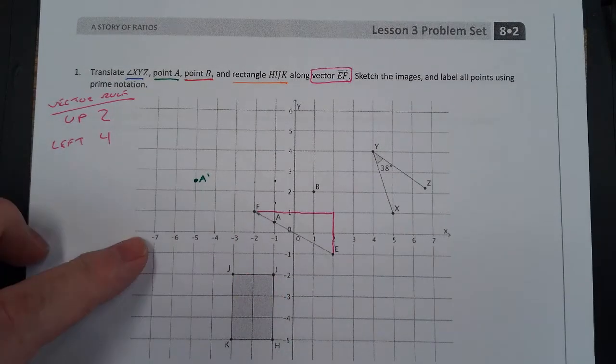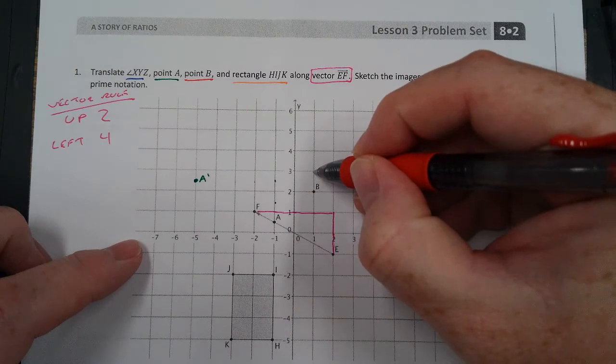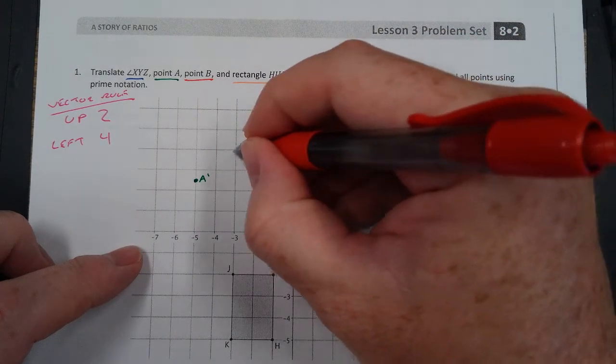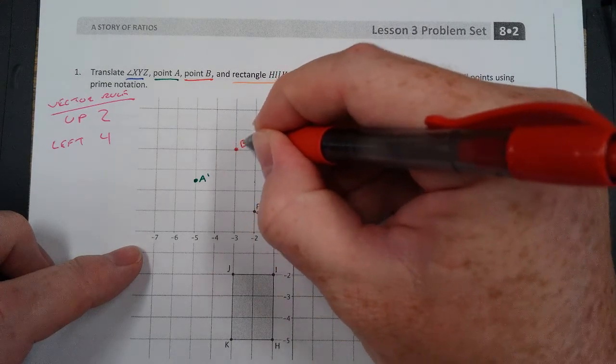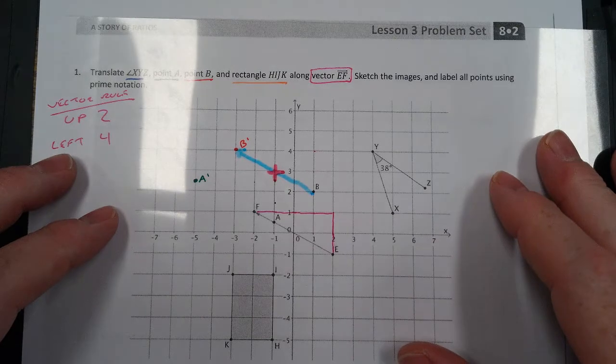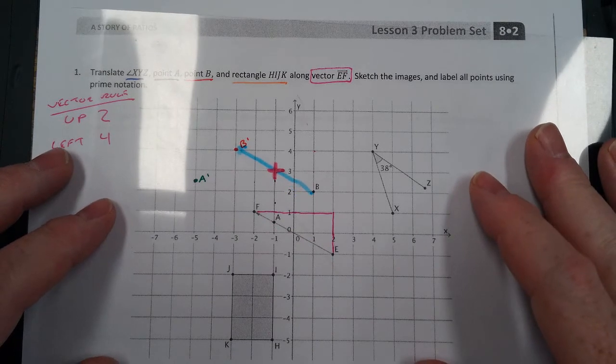For point B, I need to follow the same vector rule. Up 2 units, 1, 2. Left 4 units, 1, 2, 3, 4. And this is where B prime is. You don't believe me? Use our transparency with the vector on it, and you can see it works. Copy the vector. B follows the same vector.